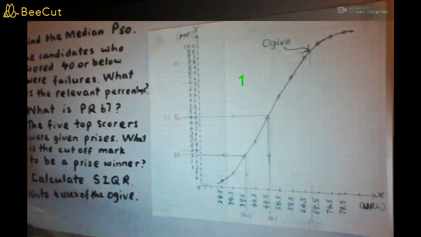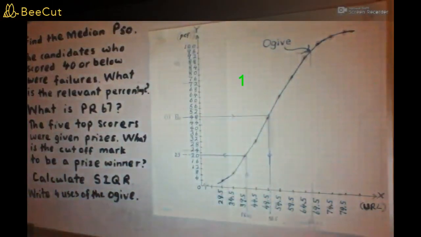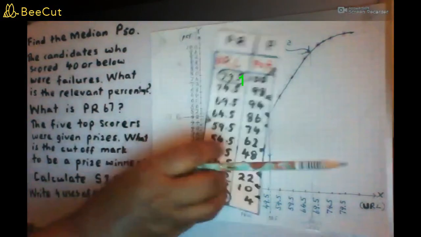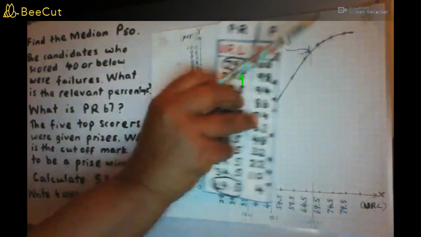Today we are going to use the Ogive to find the percentage ranks and percentiles. Last week we used this table to get the P's and PRs.